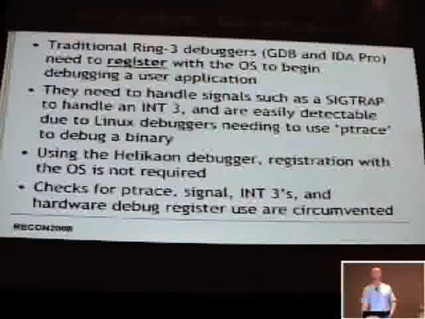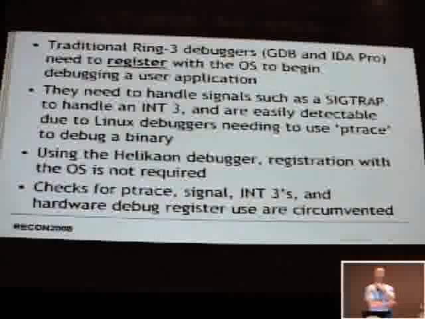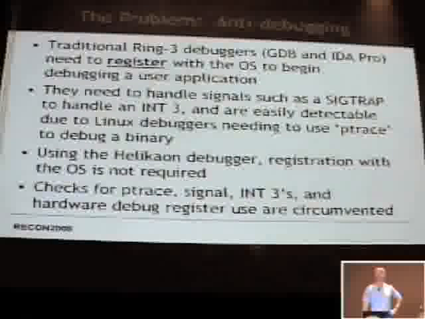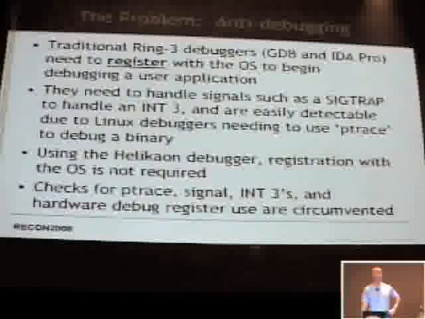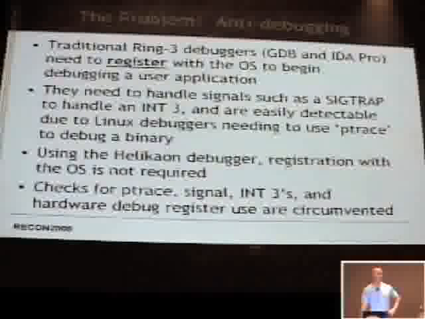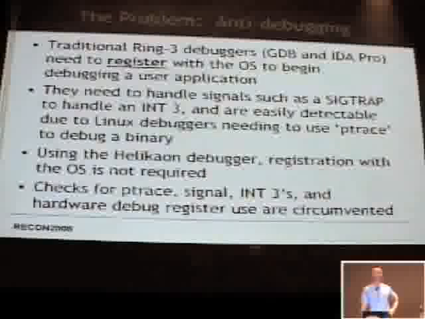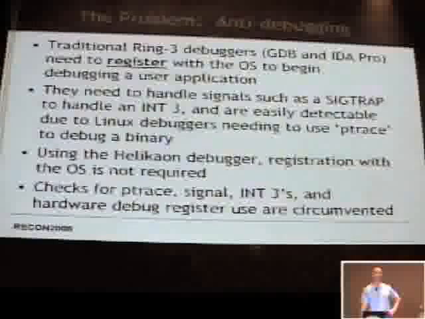Also in Linux, they use ptrace, which is process trace, which GDB uses. Again, you can bury that in your code in a number of places to catch if a debugger is being used. With this, Helikaon is a driver that I developed, and so it gives me certain access rights at that level.